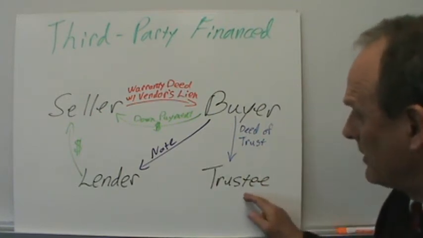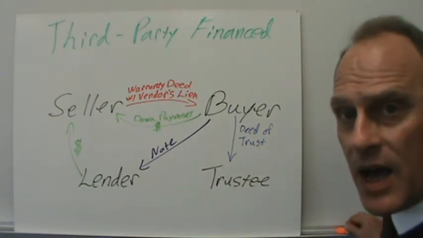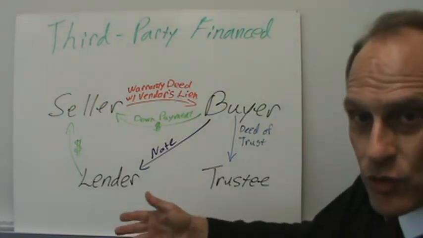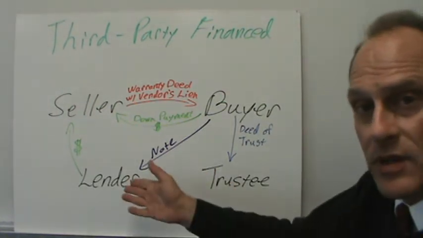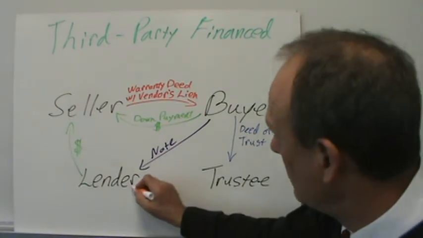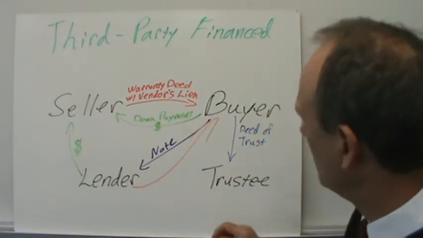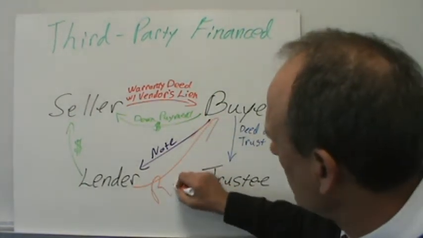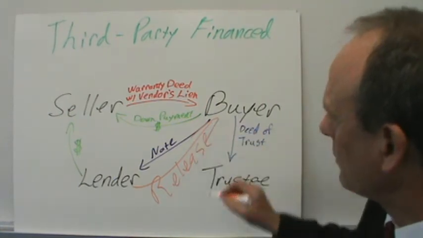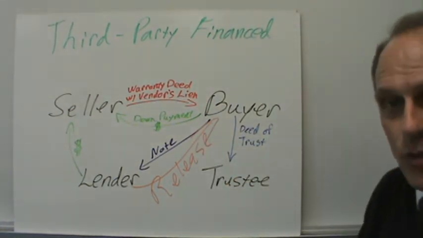Okay? And then, of course, 30 years later, 20 years later, whenever the note is paid off, one more document. It's going to be the lender sending right back to the buyer some sort of release of lien. And that's the way that works.